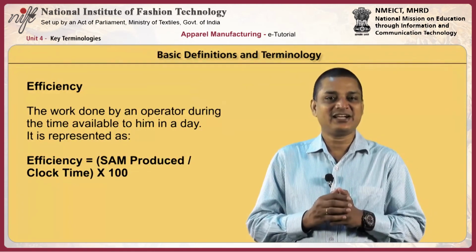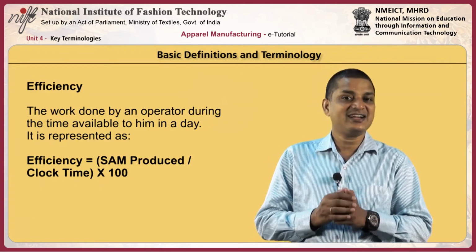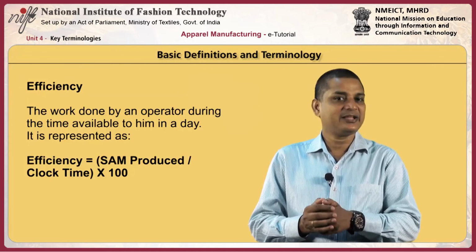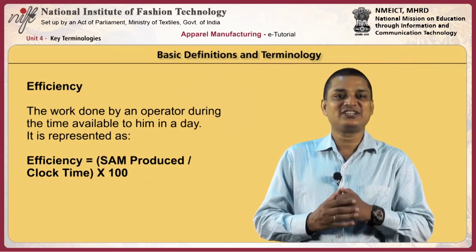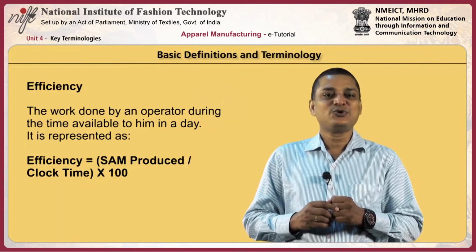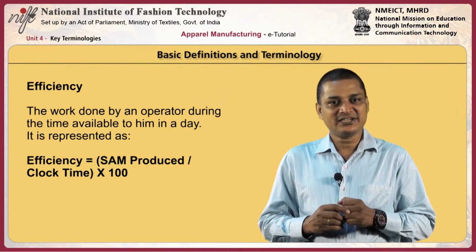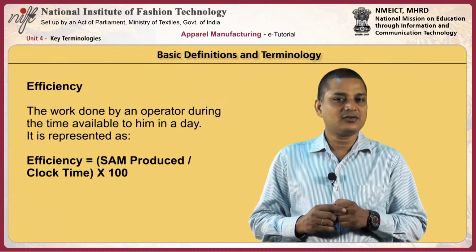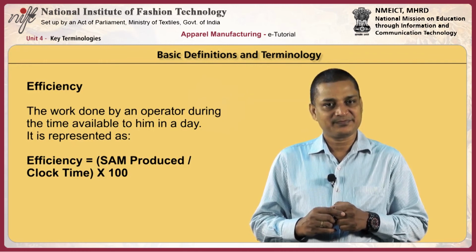Performance is equal to standard allowed minutes produced divided by on standard time, multiplied by 100. Utilization is a tool used to determine the percentage of time during which the operator worked in a day. Utilization is equal to on standard time divided by clock time, multiplied by 100.